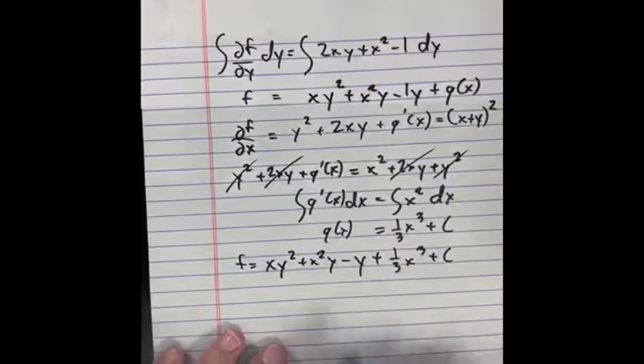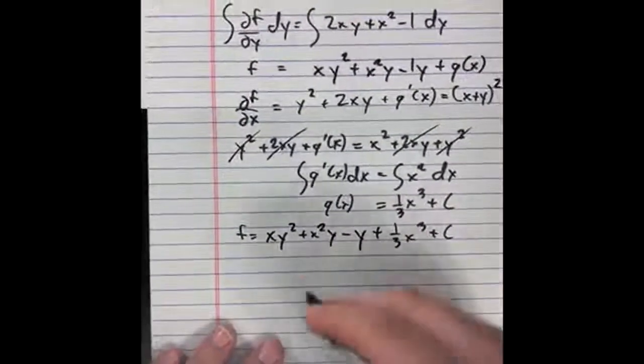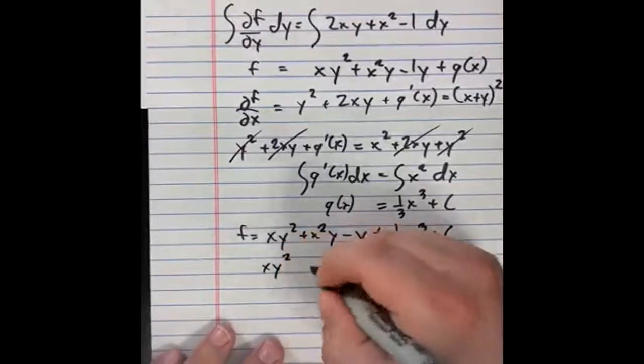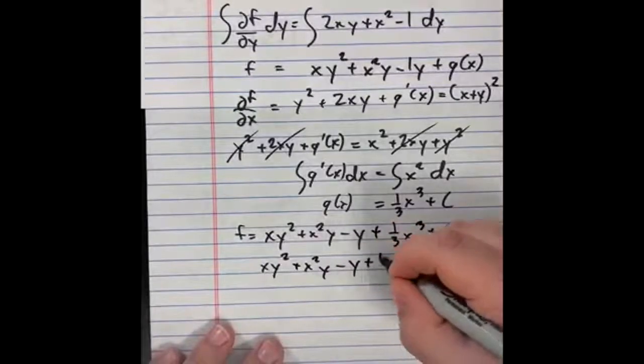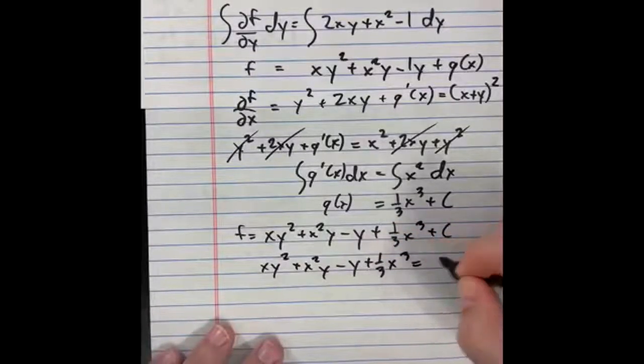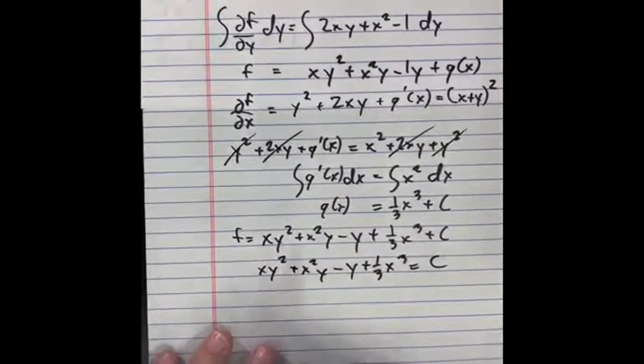Or really, what we think about as our solution is xy squared plus x squared y minus y plus 1/3 x cubed equals c.